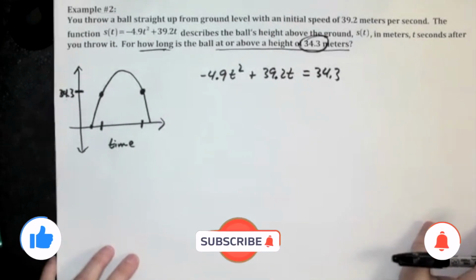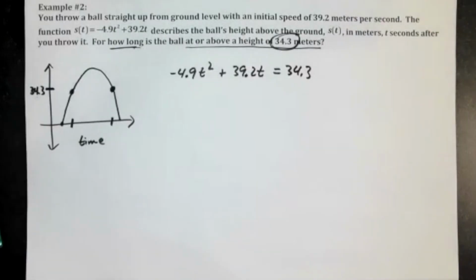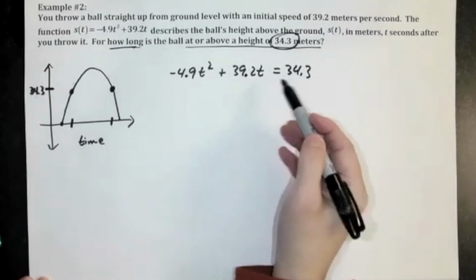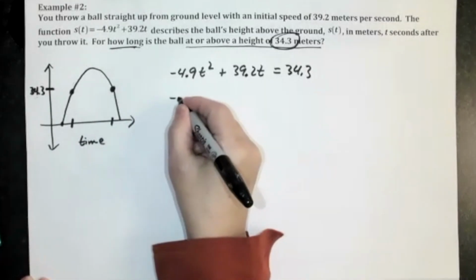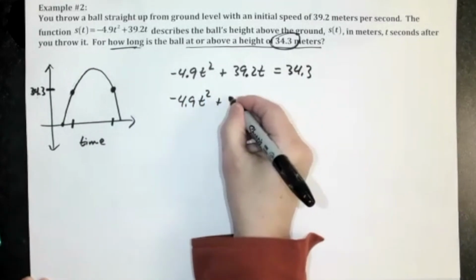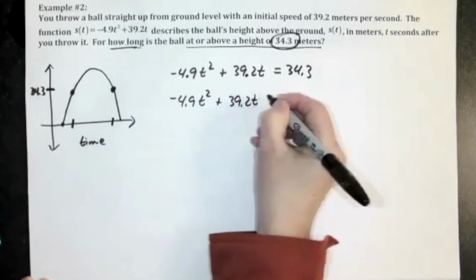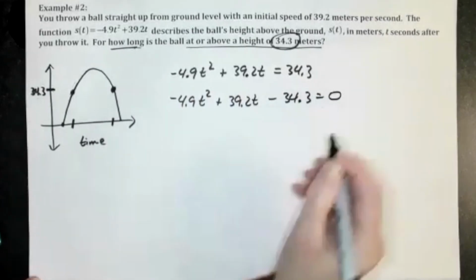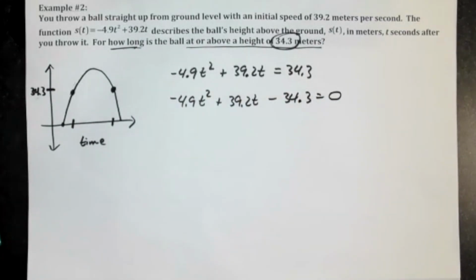As you recall, when we were solving equations, we move all the numbers over to the left and set it equal to 0. So I'm going to take this 34.3 and move it over to the left: negative 4.9 t squared plus 39.2 t minus 34.3. Now I've got a nice little quadratic.